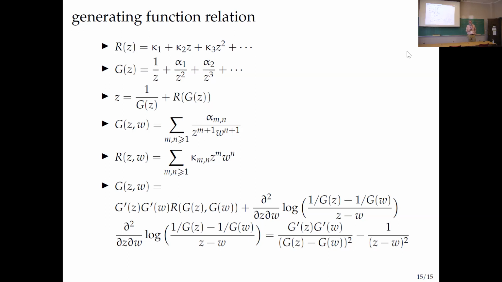That's how I'll do it tomorrow, and then convert it to these R and G. It's quite easy to go back. You have to replace z by 1 over z and then multiply everything by another 1 over z. Shift.